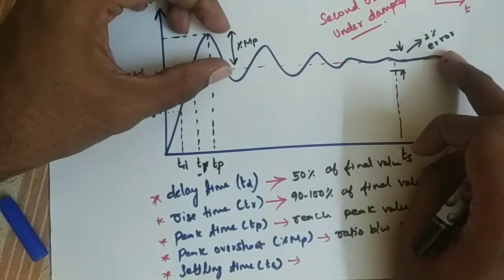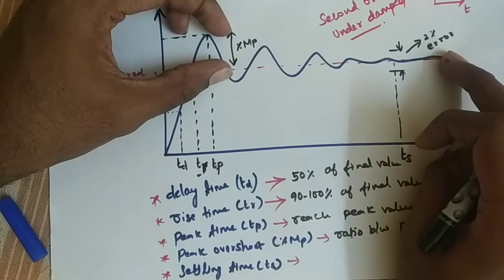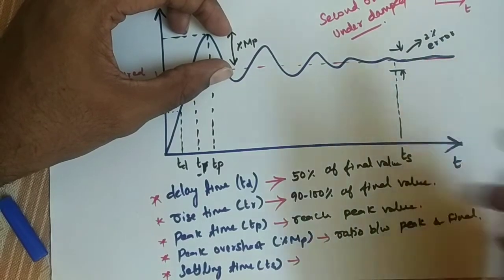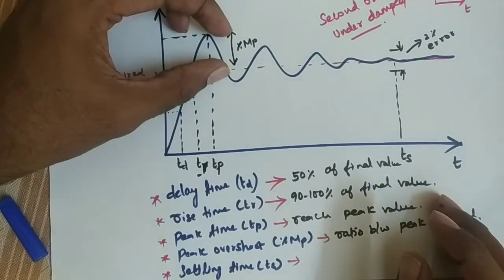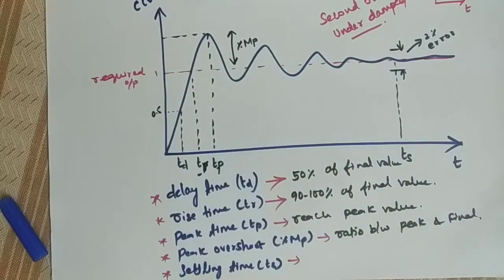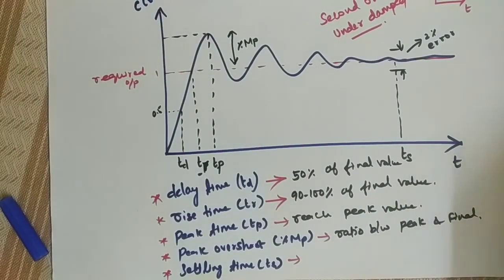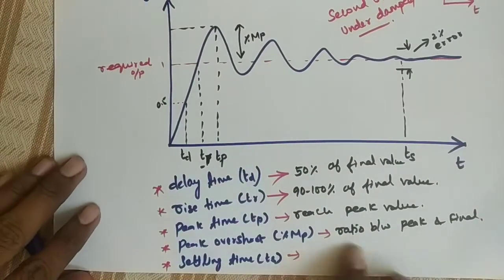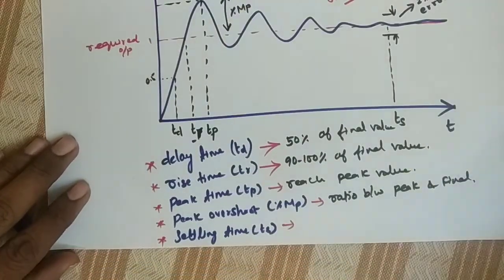So how many percent of amplitude we are exceeding the final value, that is actually the calculation, and it is represented in terms of percentage. If you represent any value in percentage, it is very easy to quantify. That is why we represent this peak overshoot magnitude in terms of percentage.